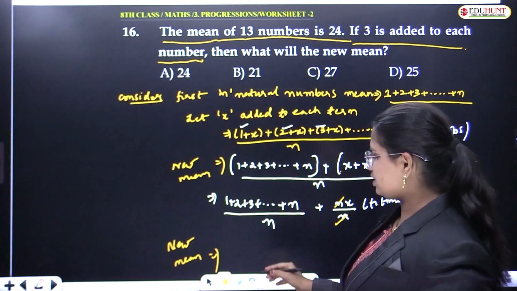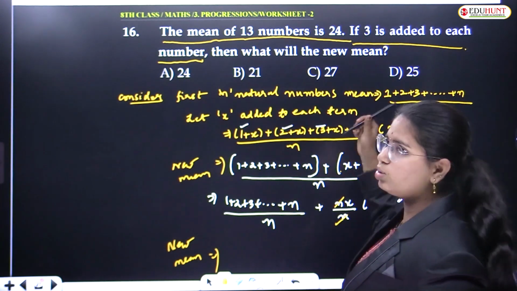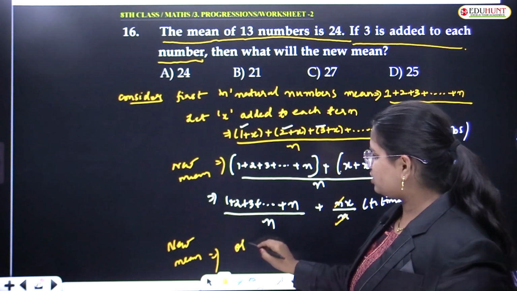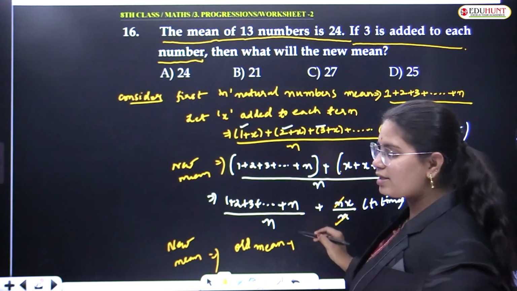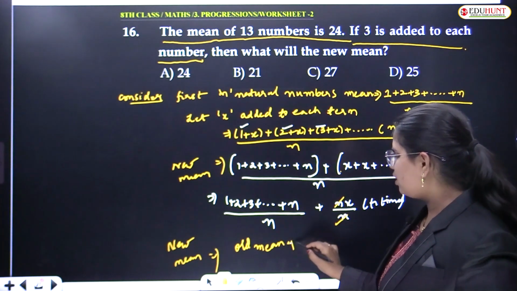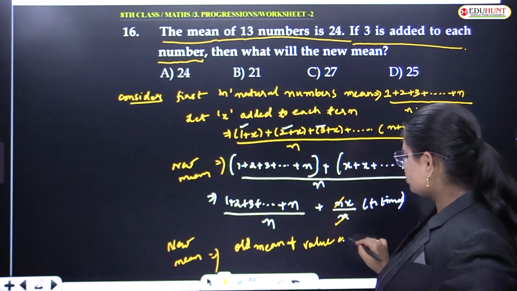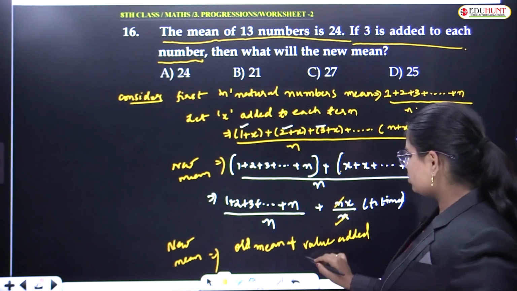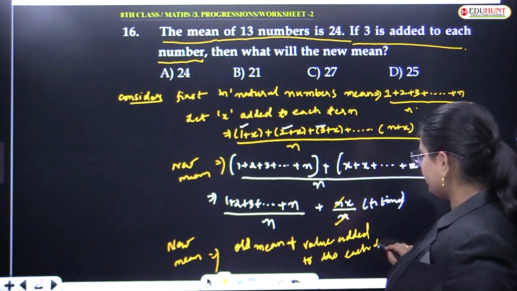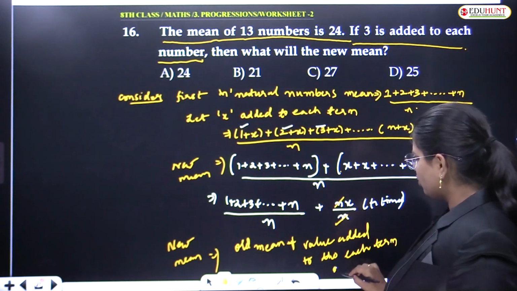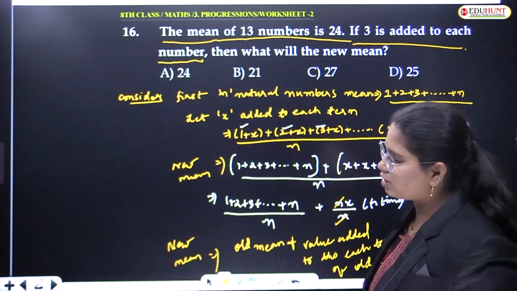My new mean is equal to the sum of all observations divided by n, which is the old mean, plus x. So, new mean is equal to old mean plus x, where x is, in general, the value added to each term of the old mean.